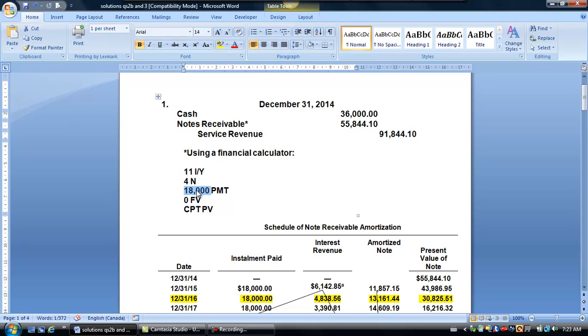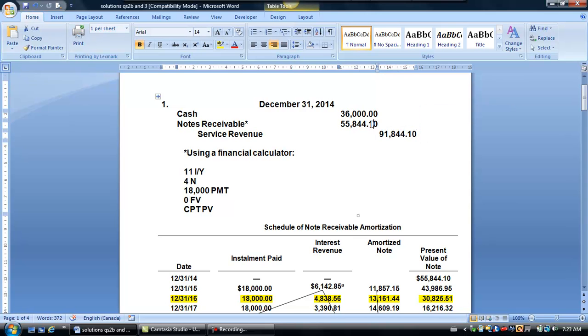And therefore, if we compute PV, we're going to get a number of $55,844.10. In fact, I think exactly you would probably get 2 cents as opposed to 10. But the textbook has set this up at 10 cents. Likely what they did to get a difference of 8 cents from what you would calculate in your calculator is they probably used tables, which are located in the back of the textbook, to come up with this amount.